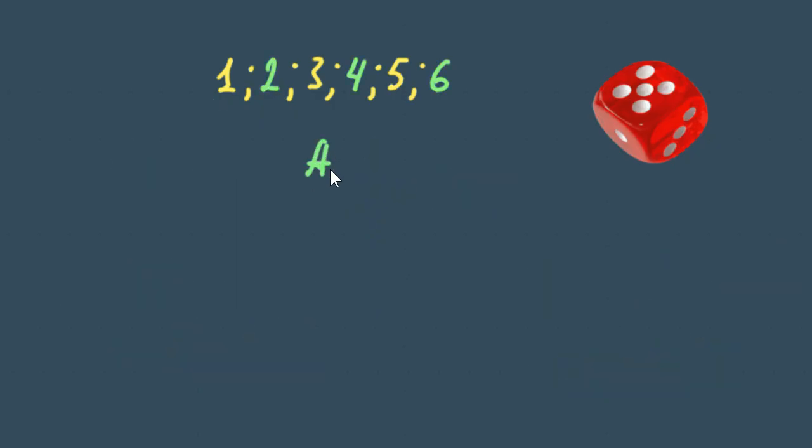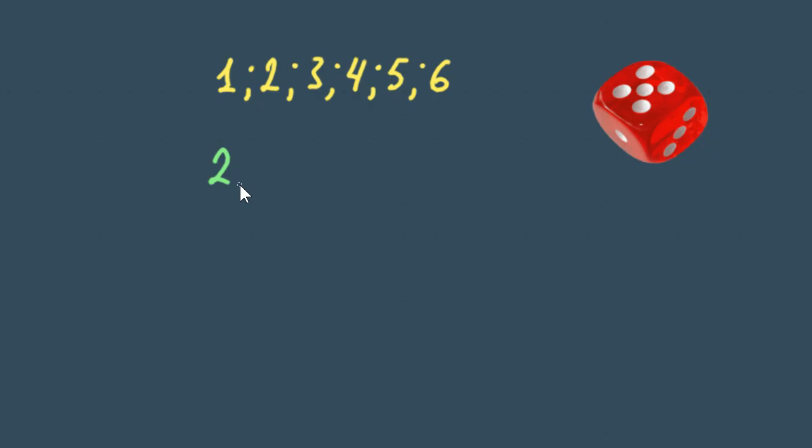Let me remind you what an even number is. An even number is divisible by 2 without a remainder. We have only 3 such numbers. I divide by 6 and get the probability. I hope you understand that I have reduced this fraction and divided the numerator and denominator by 3. I got 1 second.